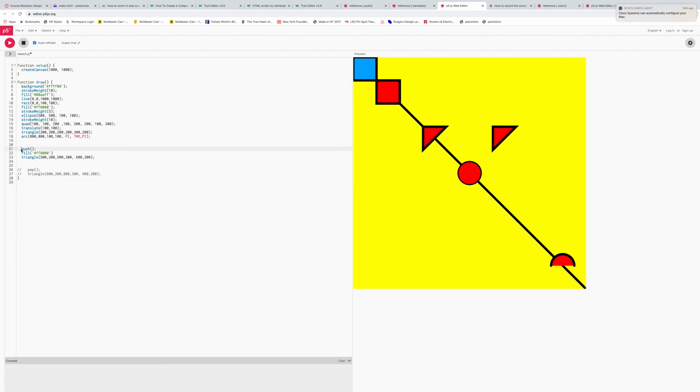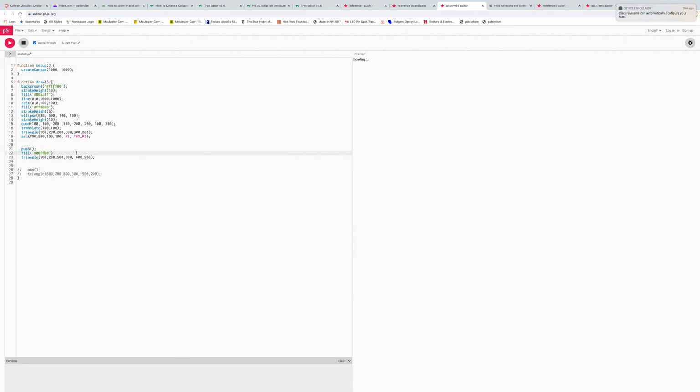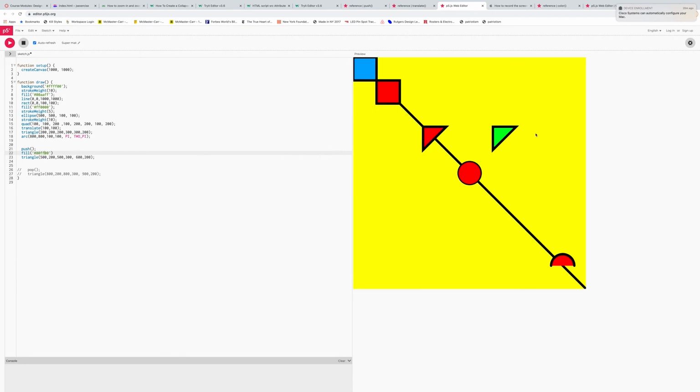And what I have here is a function of push, and this is saying I want everything underneath push to retain all of the stylistic values that I'm identifying in the certain shape that I'm calling out, except I want to change the fill. And so in this case, I have the same fill. But you'll notice, if I change it to green, only the shape that I have called out under push has changed to green.